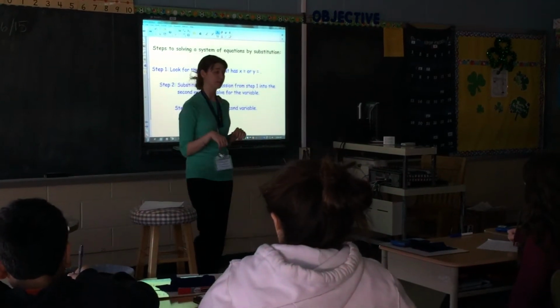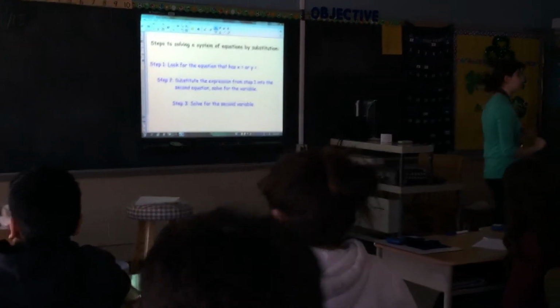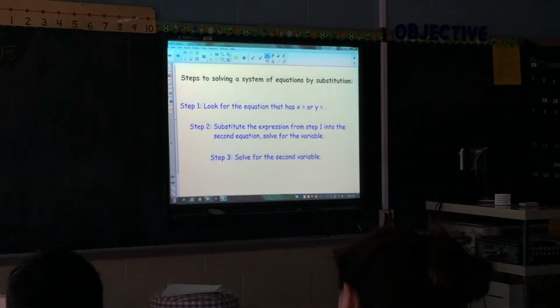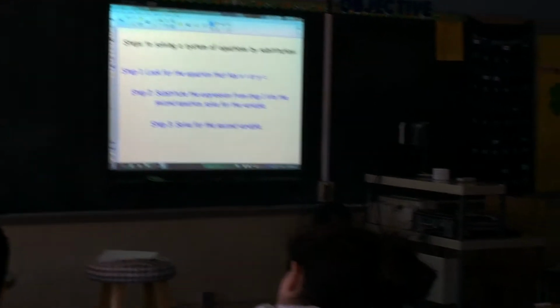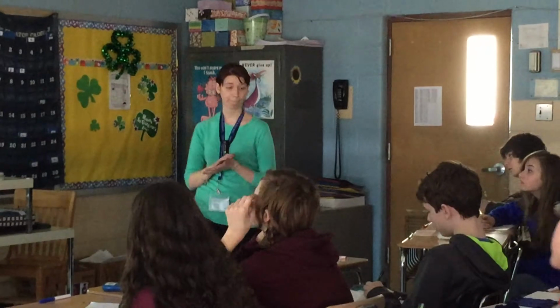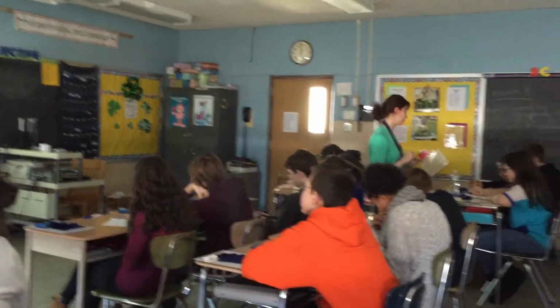Okay. So let's write these down in our notebook. These are steps to solving a system of equations by substitution. Step 1, you're going to look for the equation that has x equals or y equals. Copying this into our notebooks.